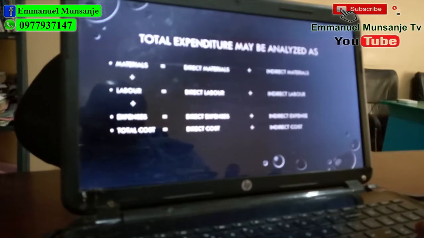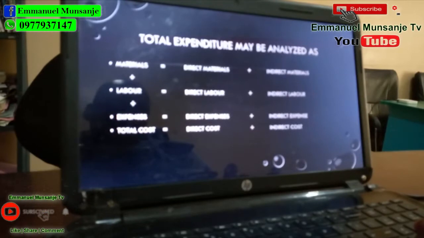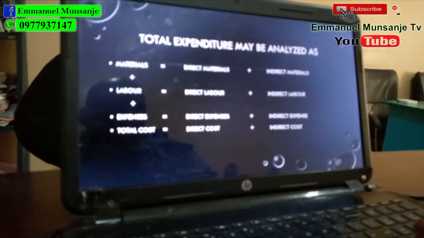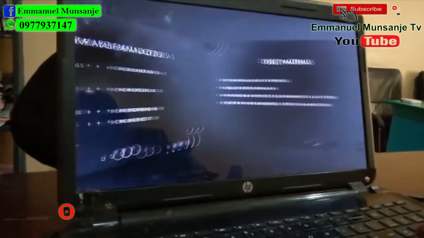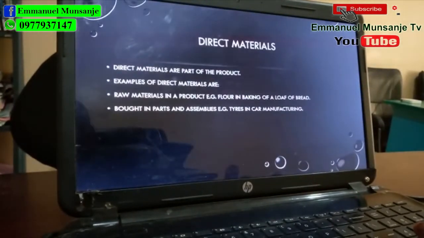The concept is the same. When you say direct, it means you can link the expenditure to the product. When you say indirect, you cannot link. When you add all direct costs, they are called prime costs. When you add all indirect costs, they are called total indirect cost. But when you add prime cost and indirect cost, you get what is called total cost.